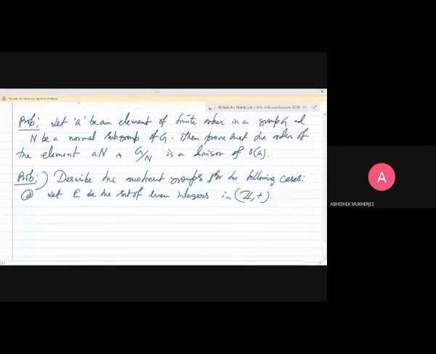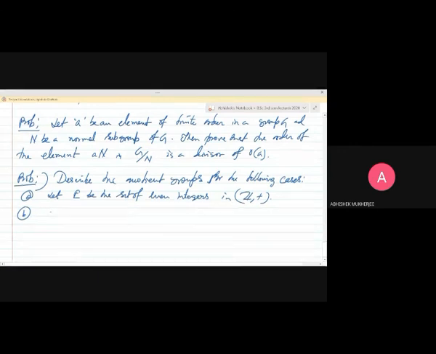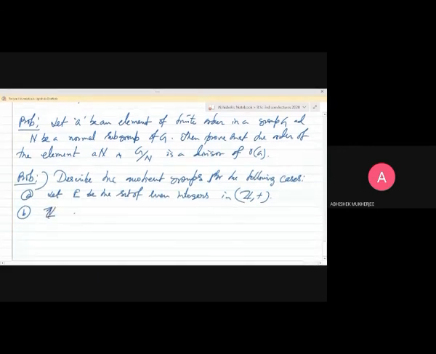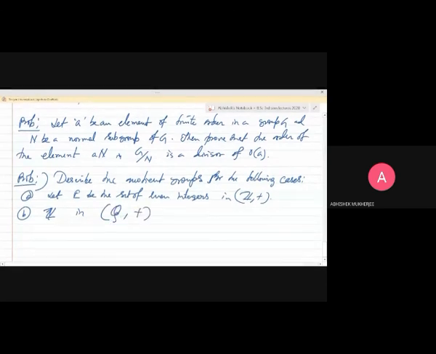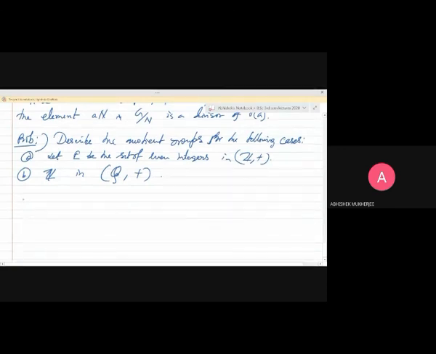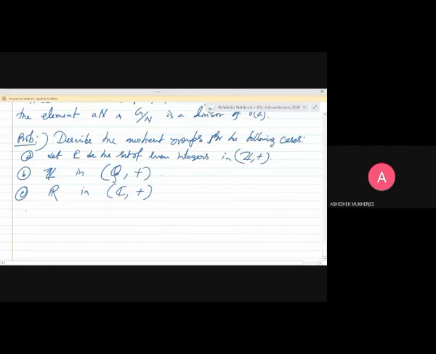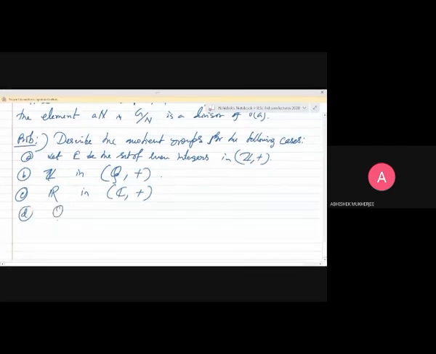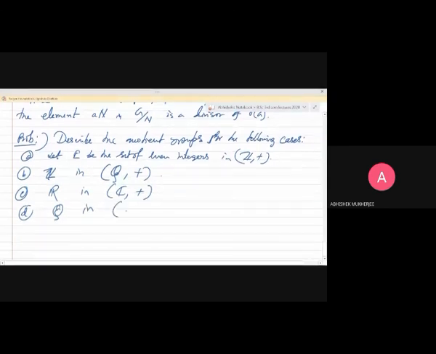Then what will be the quotient group of Z by E? Number two, Z in the group Q plus. Number three, R in the group of complex numbers with respect to addition. Number four, the set of all rationals in R plus.